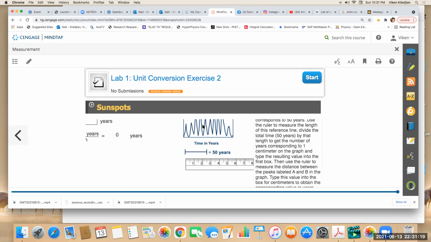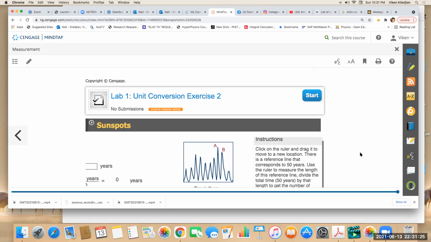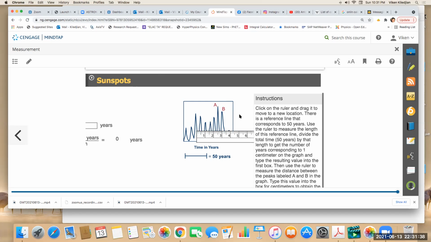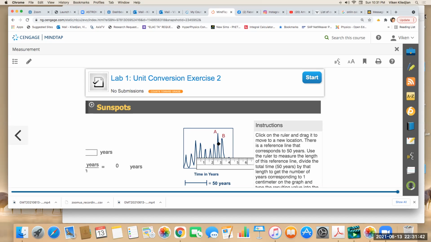So now I go to my graph. So on that one, I need a couple snapshots, right? One of the scale itself. Okay, now I need to put the ruler next to, let's see here. You know what?